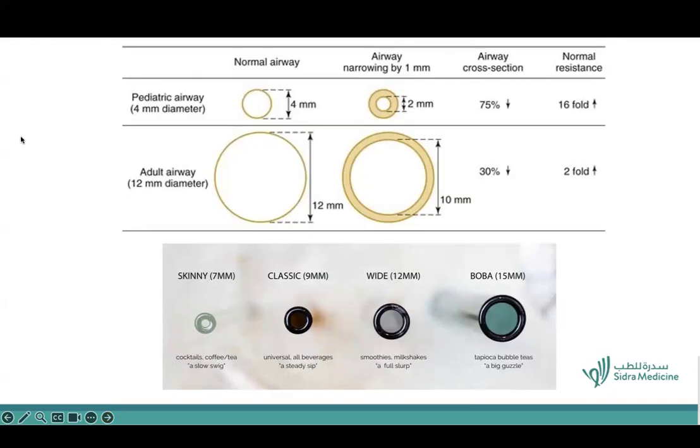So I will just give you this table here that says for a 4 millimeter diameter of a pediatric airway, compared to a 12 millimeter diameter for an adult airway, if you narrow both of those by just 1 millimeter, with a pediatric airway, you're reducing the cross-section by 75% and you're increasing the resistance by 16-fold, right? And so if you look at the different straw tips, I put that deliberately there as well.